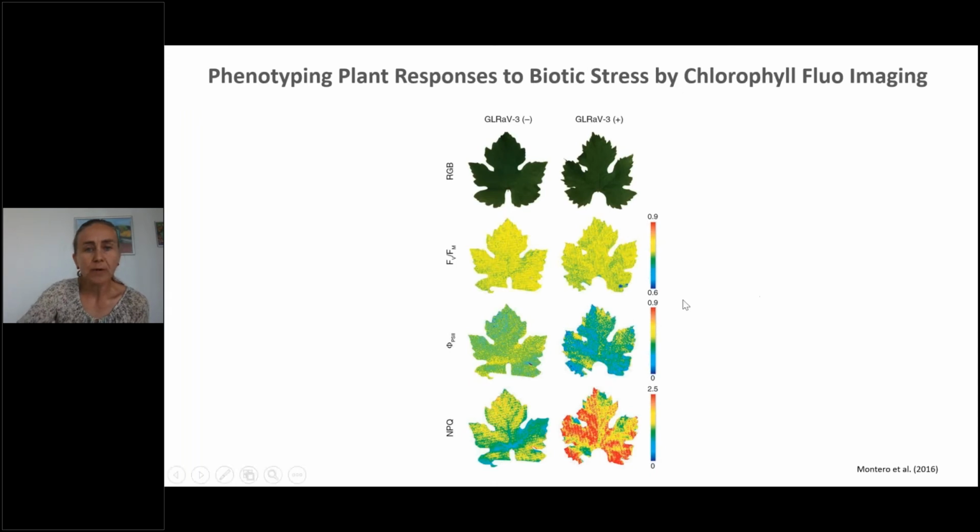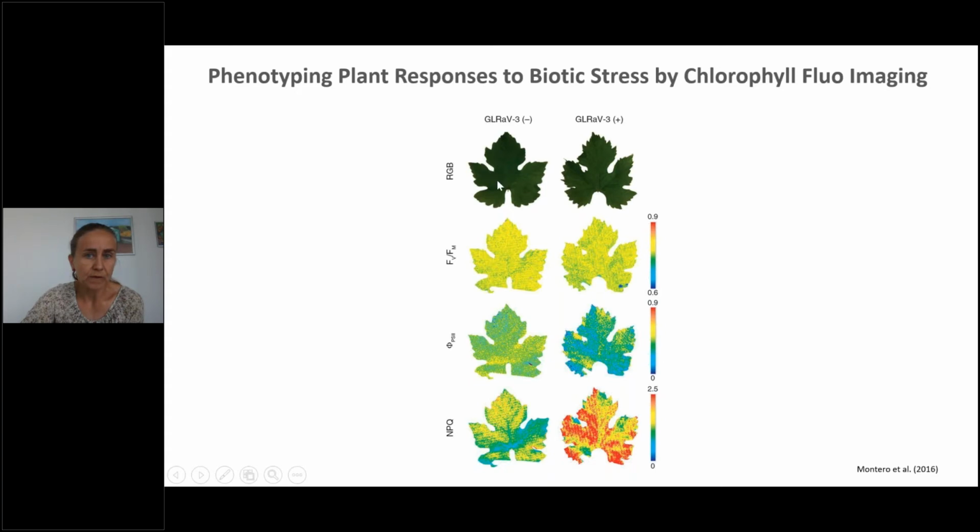One more example, which I think clearly demonstrates that the selection of the suitable parameters that one extracts from the chlorophyll fluorescence imaging really matters. This is an example from a biotic stress application, when grape vine leaves were treated with leaf roll associated virus.